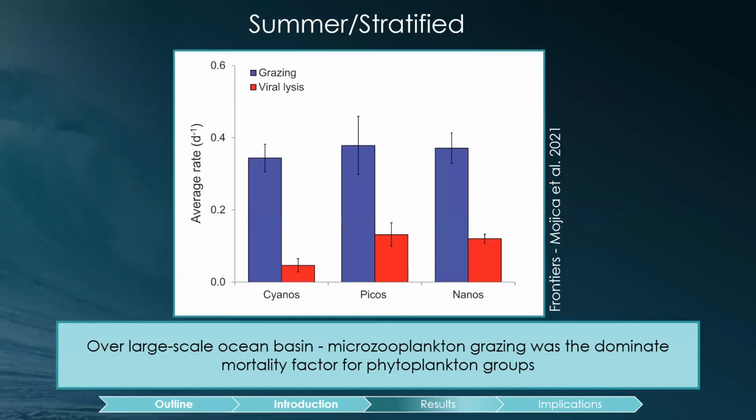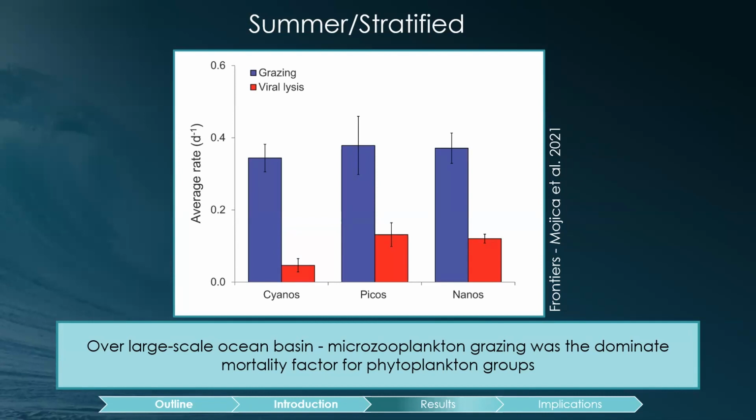So again, when I take that loss and divide it out into its different mortality components, we see again a different picture in the spring compared to summer, with microzooplankton grazing having much higher rates compared to viral lysis. This time, we found a significant decrease in the virus grazing ratio with latitude, consistent with the decrease in stratification index.